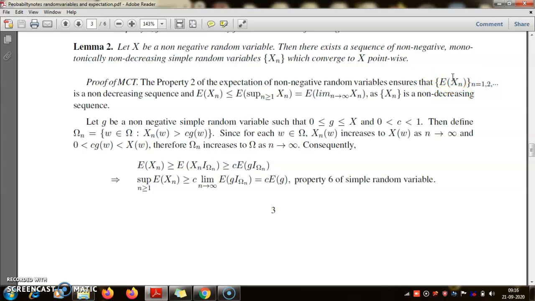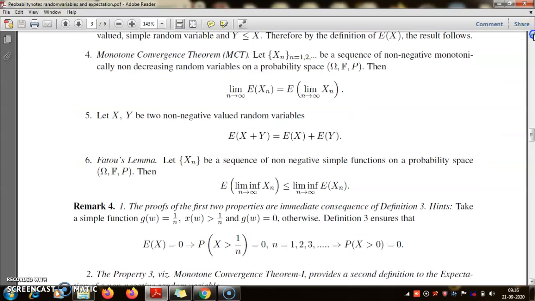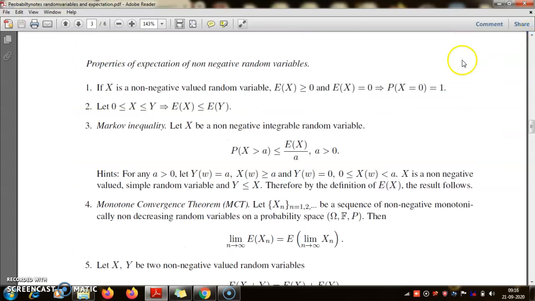Why? Because Xn's are non-decreasing. So by this monotonic property, as you can see, property number 2, if X is less than equal to Y, and this inequality means pointwise, X and Y are two random variables on the same probability space, then expectation of X is less than equal to expectation of Y, and of course this is non-negative.